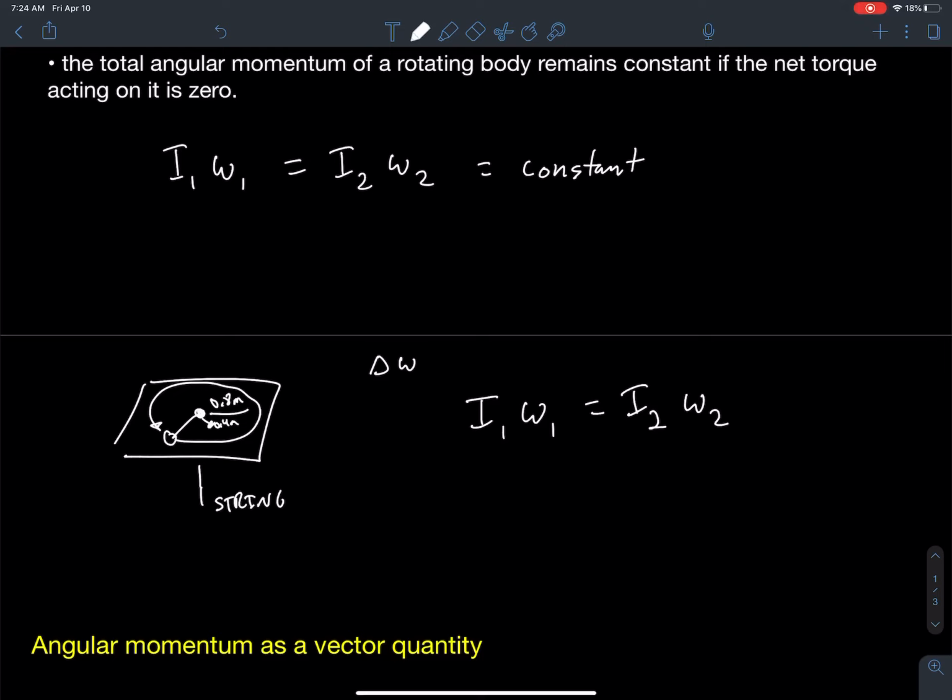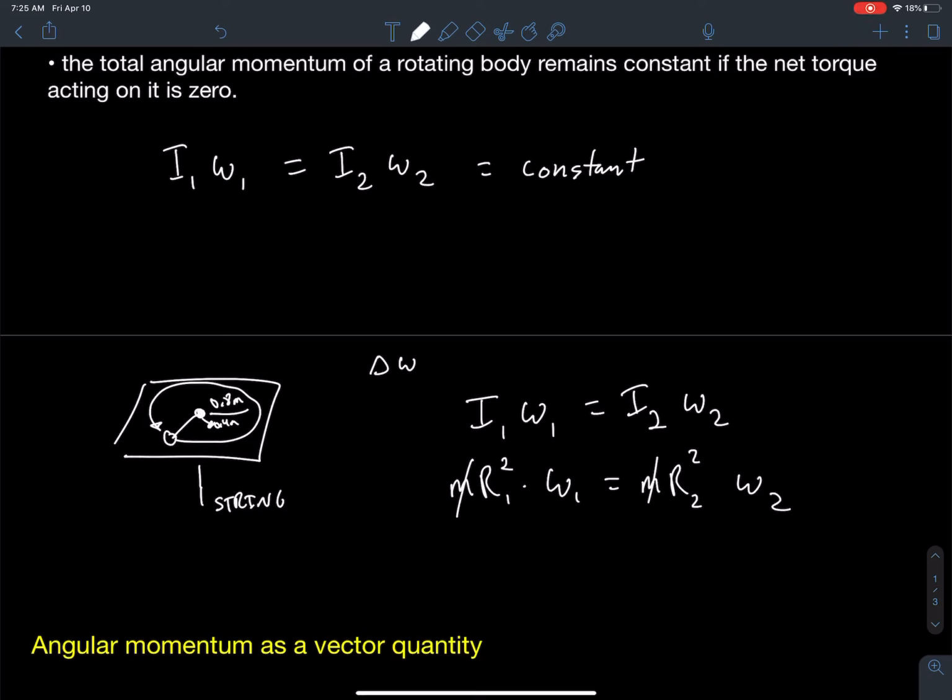Now, for a system like this where it's an object swinging like that, it's like a hoop. So m r squared times omega 1 is equal to m r squared, let's call this r1 and r2, times omega 2. I can see that the masses cancel out.